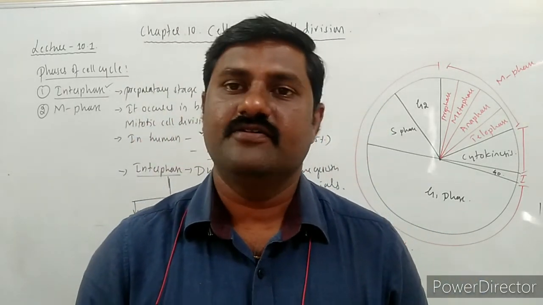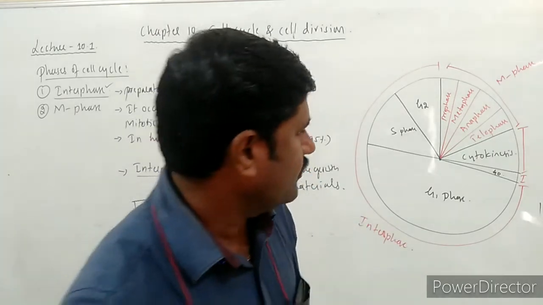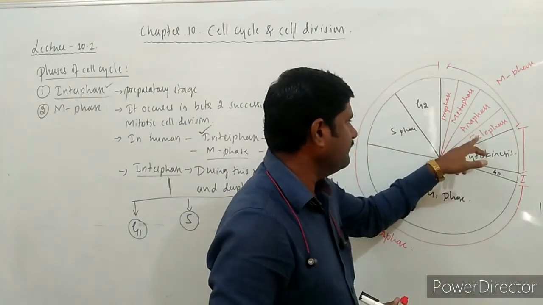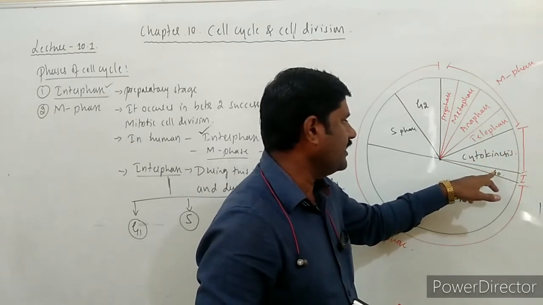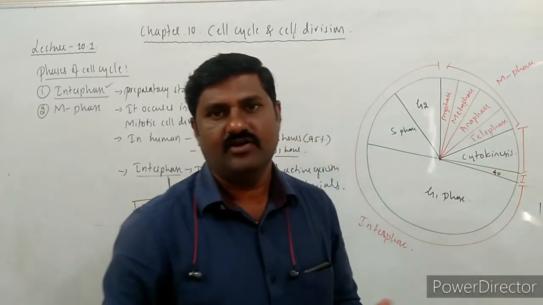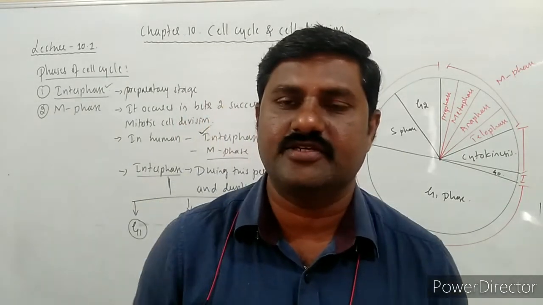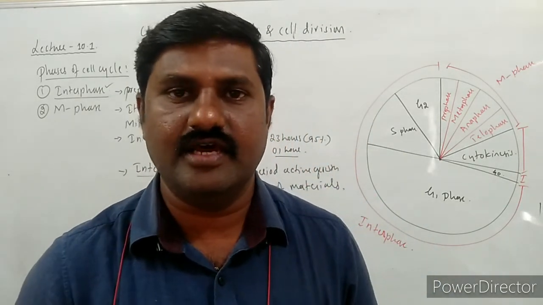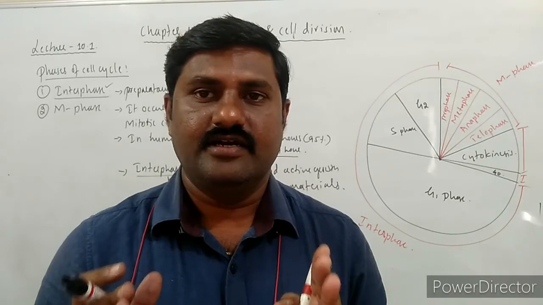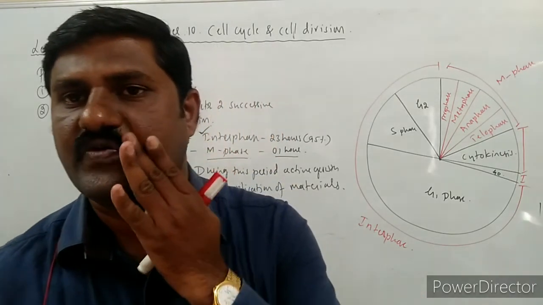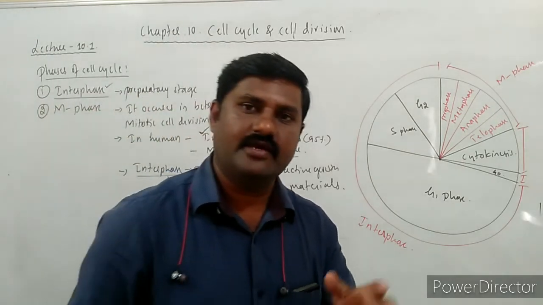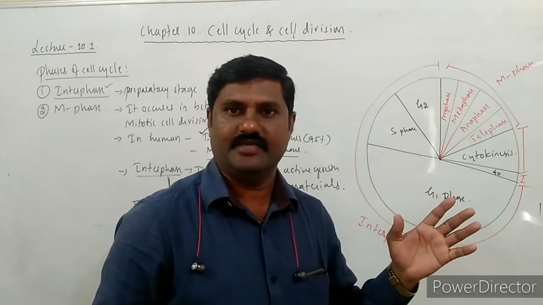Let us study first, and afterwards we'll go through what is M phase, how does it occur, and cytokinesis as well as G0 phase. All these are short explanations we are going to study over here. Later, during the study of mitotic cell division as well as meiotic cell division, we study the other things in a detailed manner, right?